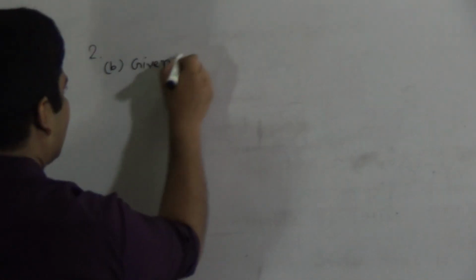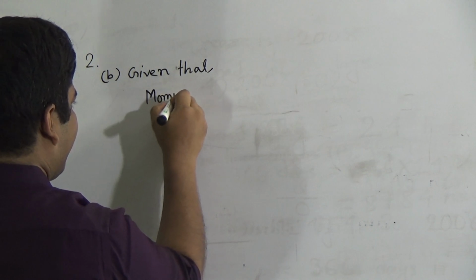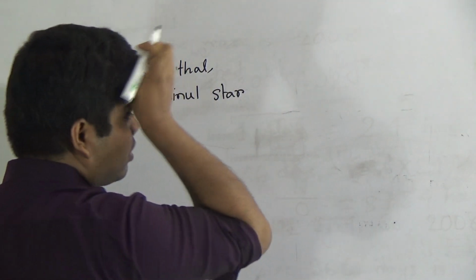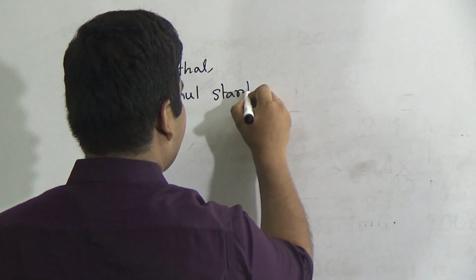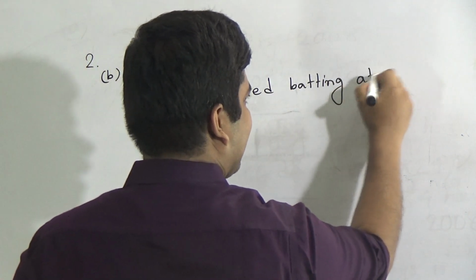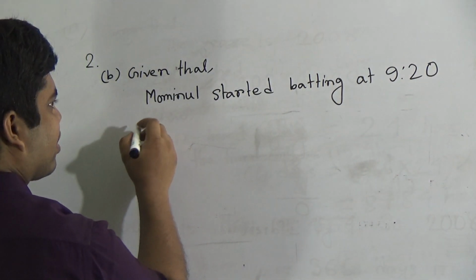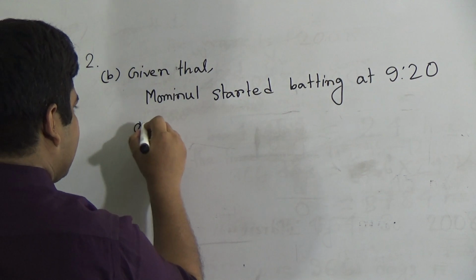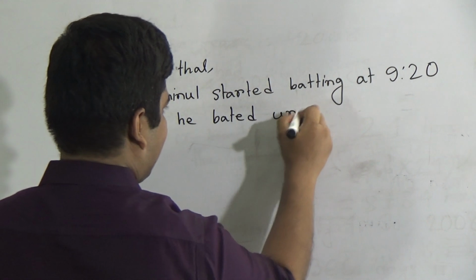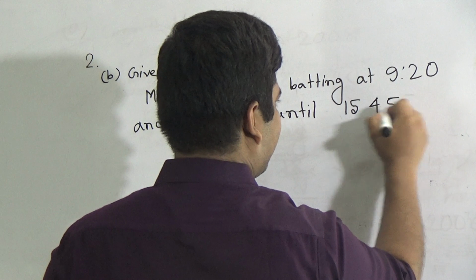Given that Mominul started batting at 9:20 and he batted until 15:45.